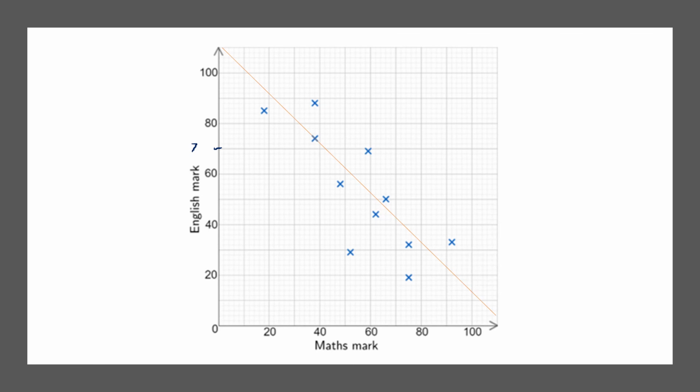Draw a line across, draw a line straight down, and that's looking to me somewhere around about the 47 mark. So if a student scores 65 in English, we'd expect them to score somewhere around 47 in maths.